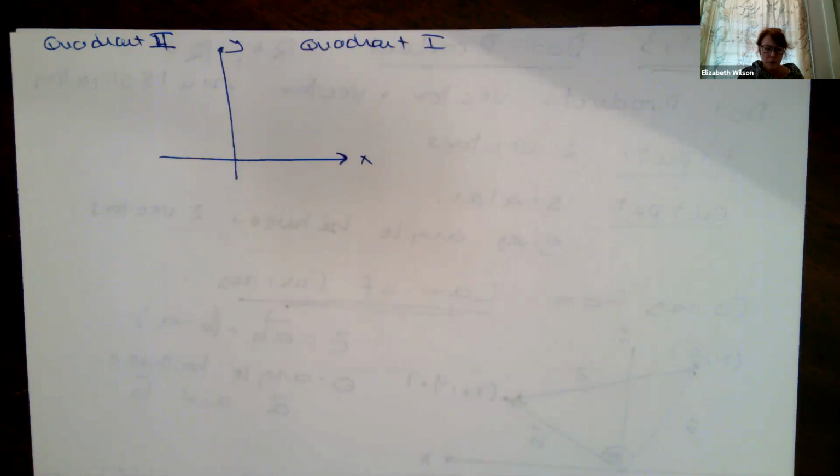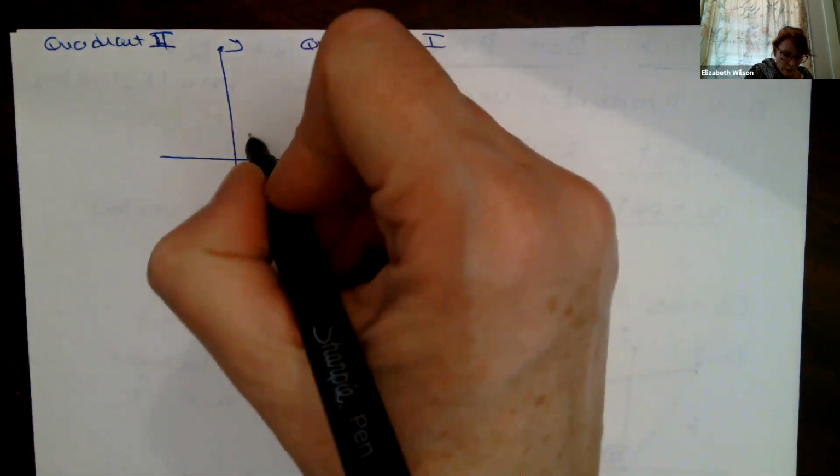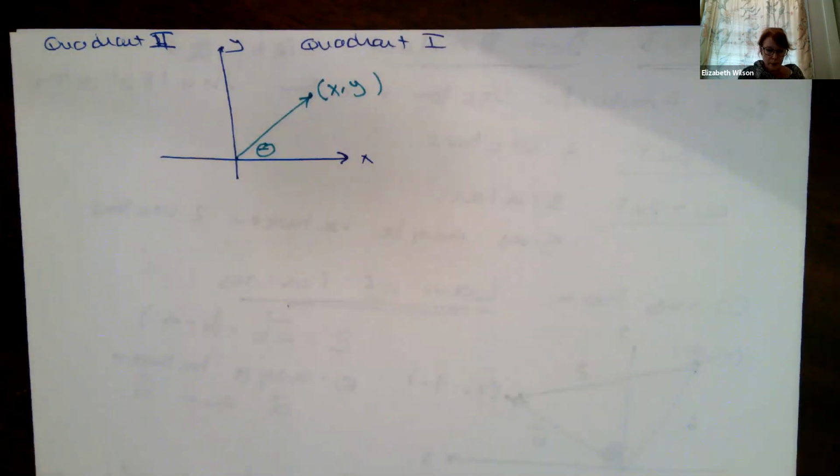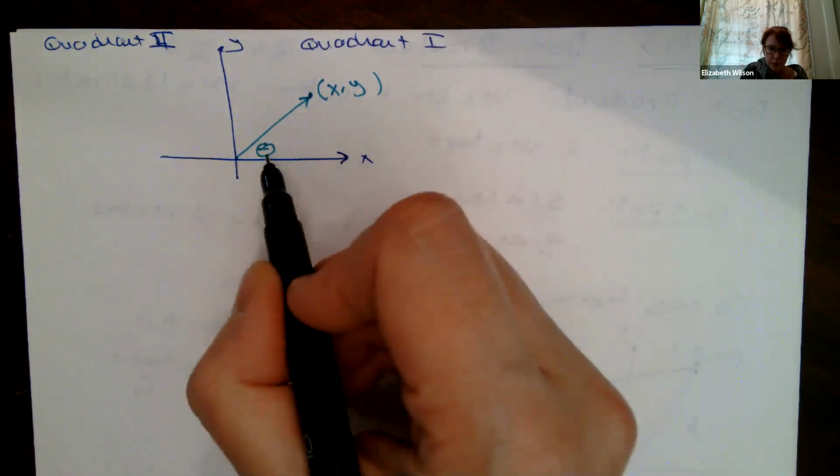Now in quadrant 1, I think about some kind of angle theta right in here, and I've got an x and a y component. In quadrant 1, x and y are both positive.